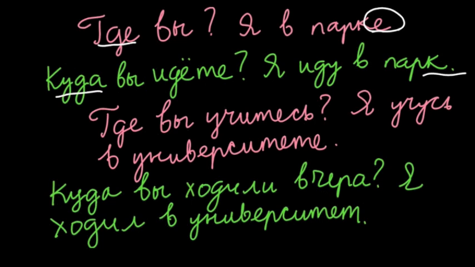Где вы учитесь? Where are you a student? Я учусь в университете. I'm a student at the university. Prepositional. Куда вы ходили вчера? Where did you go yesterday? Я ходил в университет. Accusative case, since you're talking about going towards it.